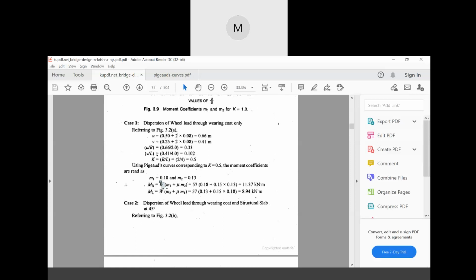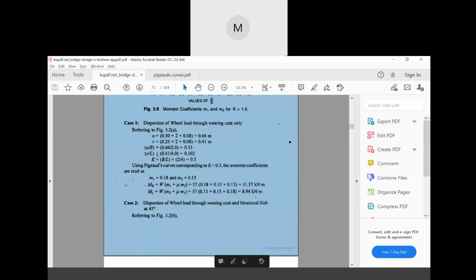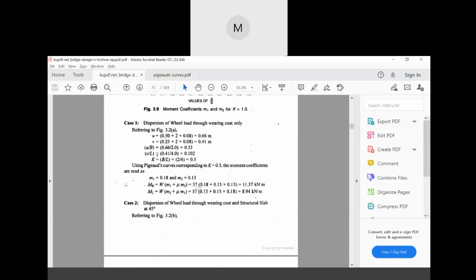Now W is given as 57 for IRC class A loading. 57 into 0.18, 0.18 we got just now, plus 0.15 into 0.13. Similarly, ML, we find out 57 into 0.13 plus 0.15 into 0.18.